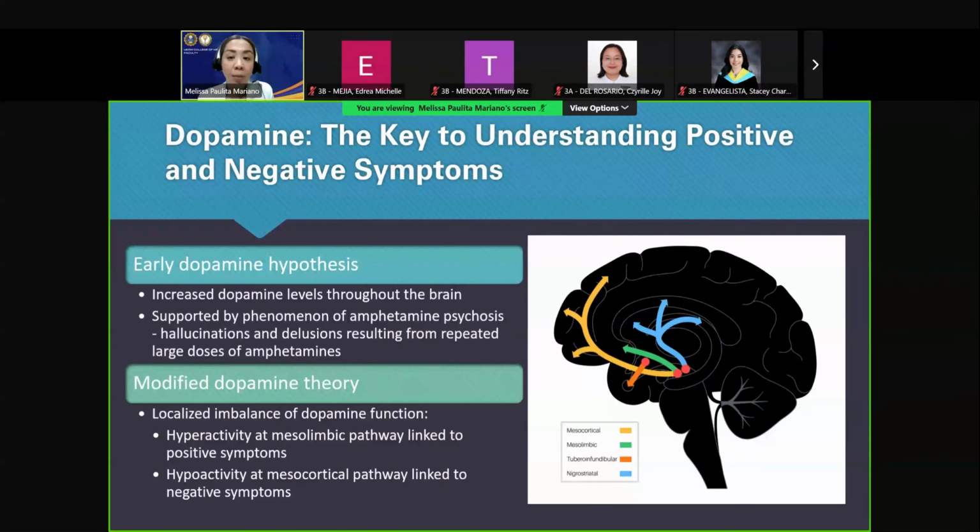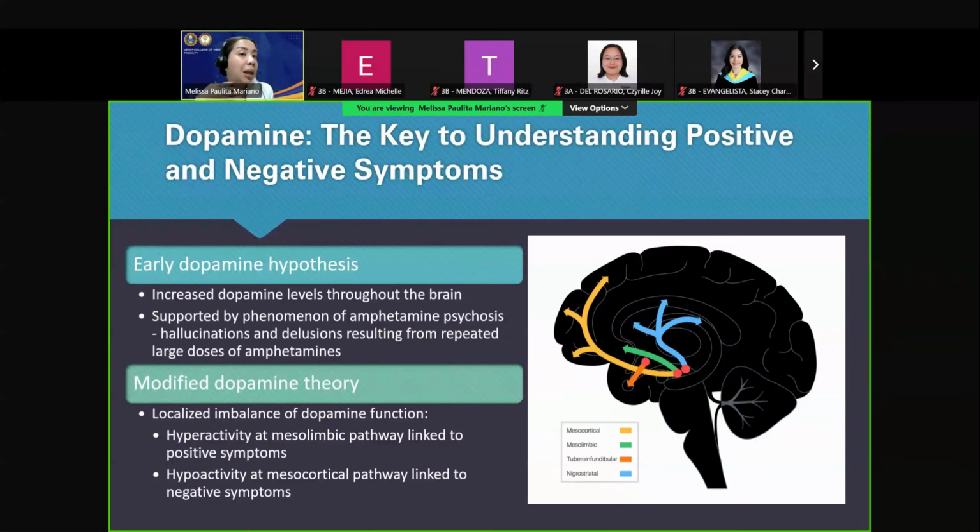However, negative symptoms are associated with significantly less dopamine, but that's going to be in the mesocortical area of the brain, so prefrontal cortex. And this hypoactivity leads to the asociality, avolition, flat affect, alogia, and anhedonia.